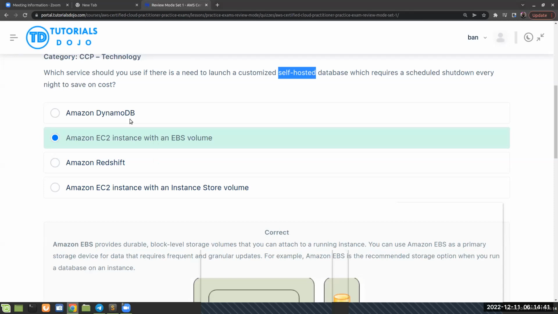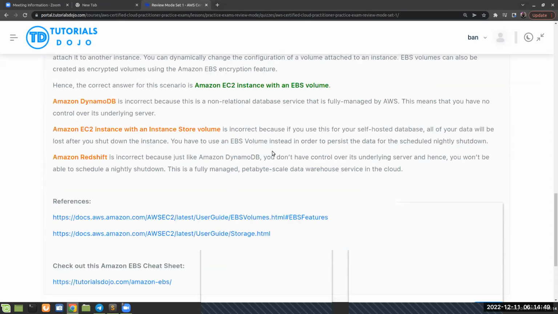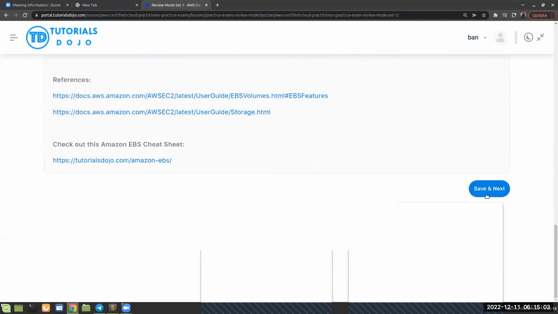We know this is a SQL database, and Redshift is a data warehouse. DynamoDB is also non-relational and fully managed by AWS, so it's not self-hosted. Okay, thanks.